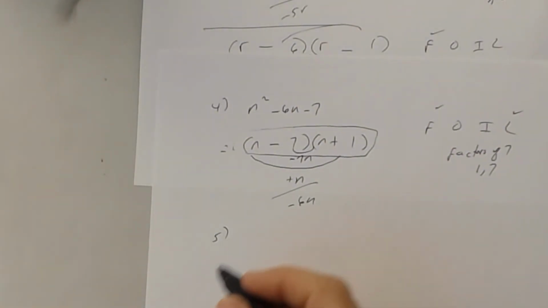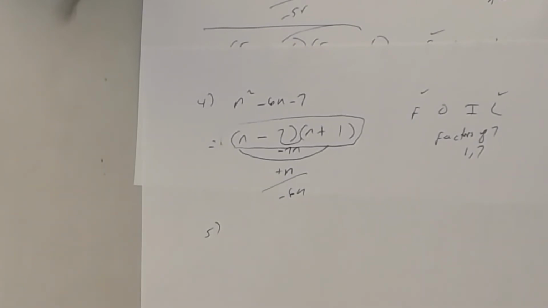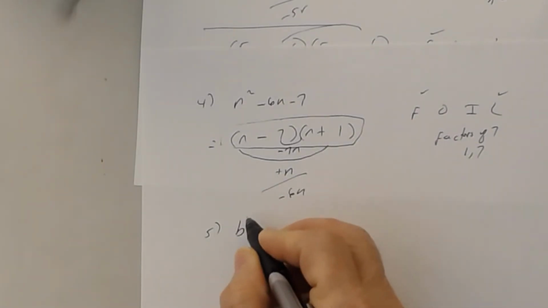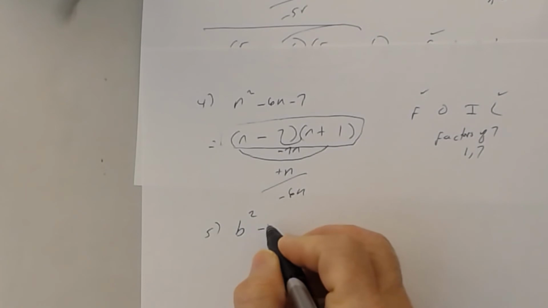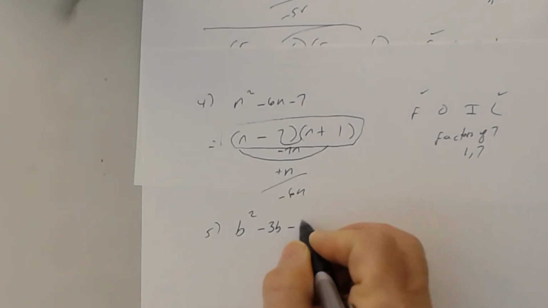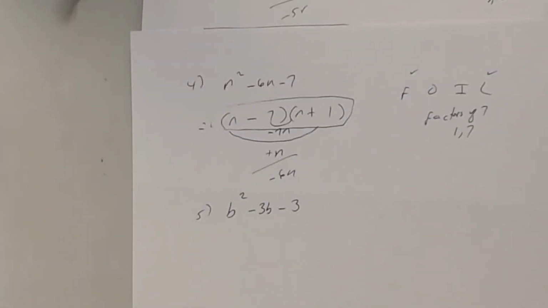Number 5. Let's suppose number 5, you had b squared minus 3b minus 3. All right, what's the GCF?